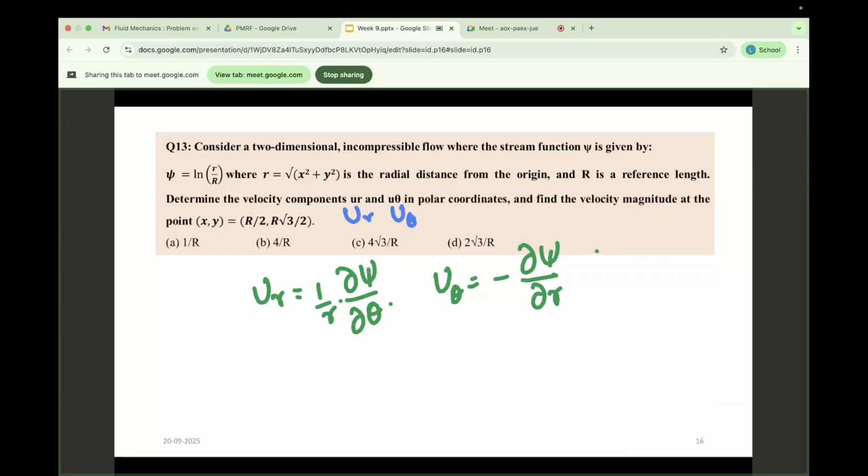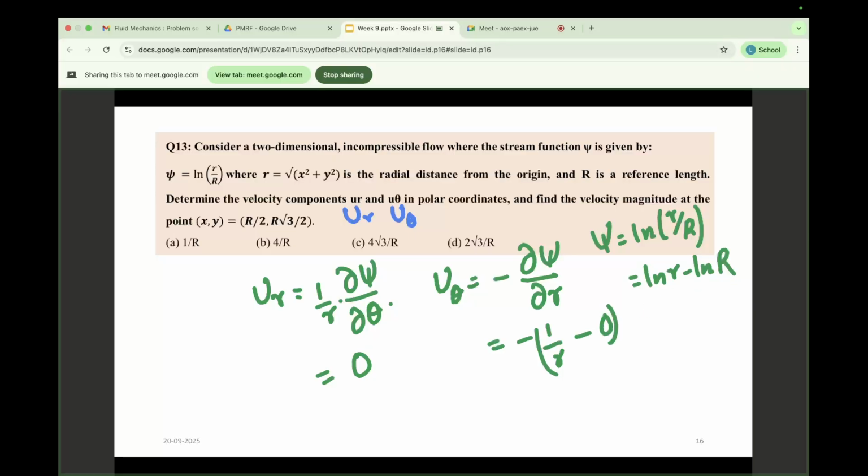See here, this psi is log r by r, which for simplification I can write as ln like this. There is no theta term, so if I differentiate this with respect to theta it should be 0, right? And with respect to r, it should be 1 by r, minus, since this r is constant, 0.